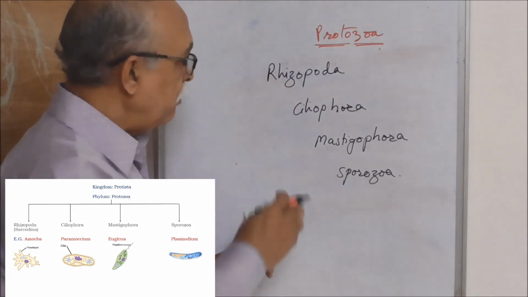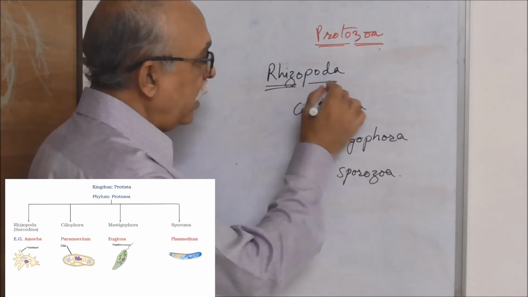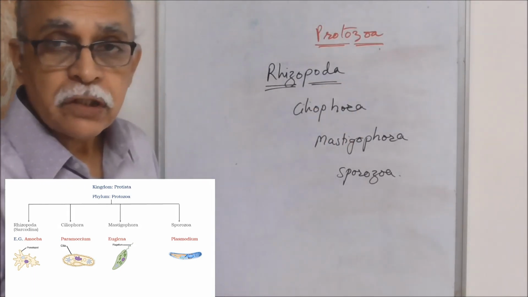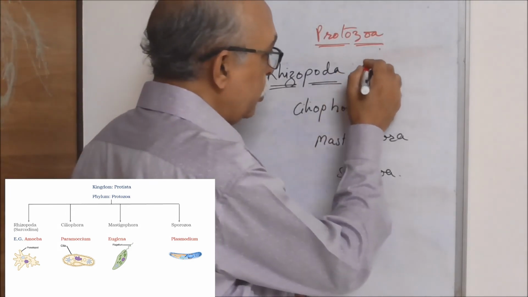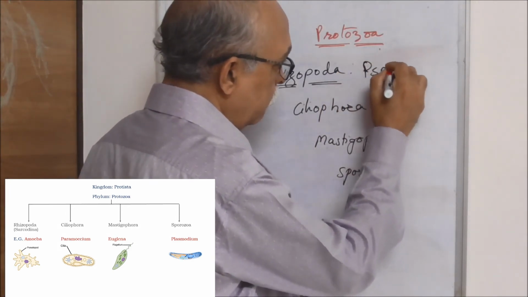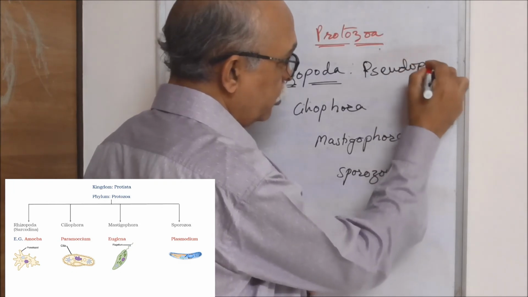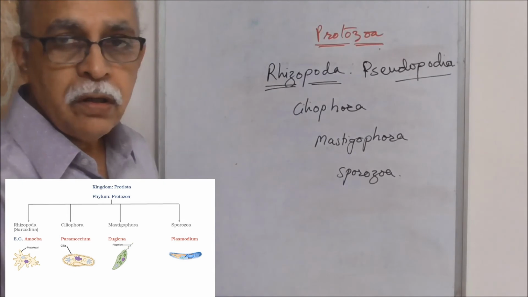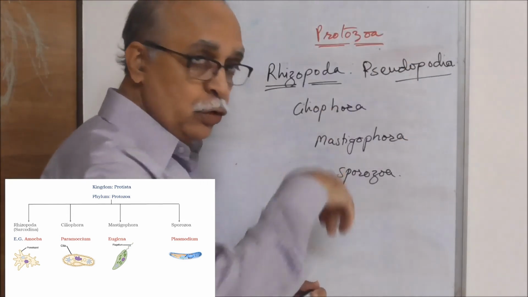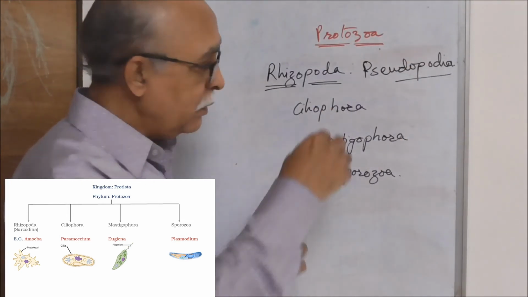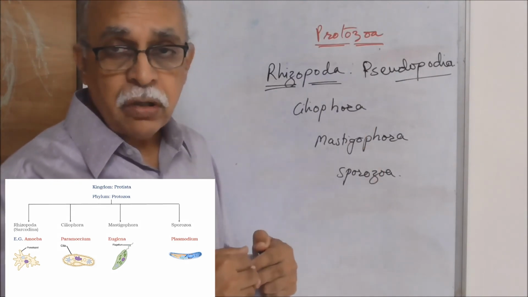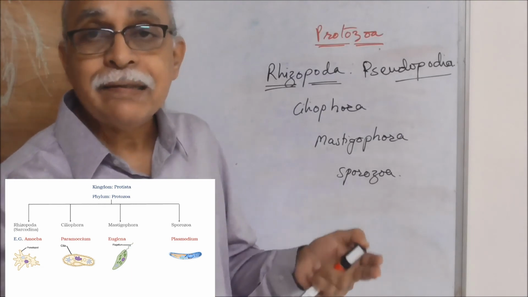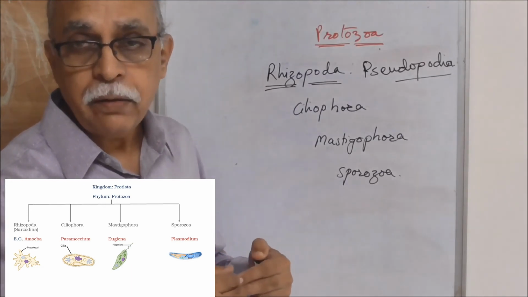Rhizopoda, that term comes from rhizos means root and podos means appendages. That means root-like appendages. What does that mean? They would be showing pseudopodia for locomotion. And these pseudopodia, in addition to functioning as locomotory extensions, would also help in ingestion of certain solids along with liquids, or certain liquids as per the requirement of the cell.